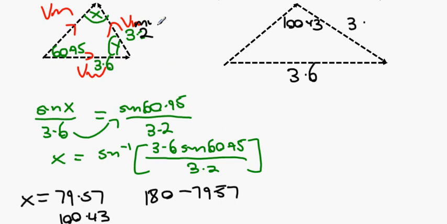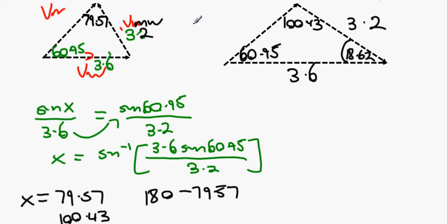Velocity of the man in water, 3.2, and we still know this to be 60.95. Now, this one here is going to have an angle of 79.57. So what we're going to do is find out what the third angle is in each case, or the angle Y. So the angle Y in both cases, for this one here, is going to be 180 minus 100.43 minus 60.95, and what we get is 18.62.